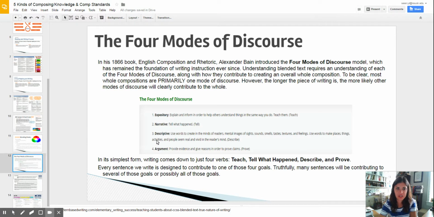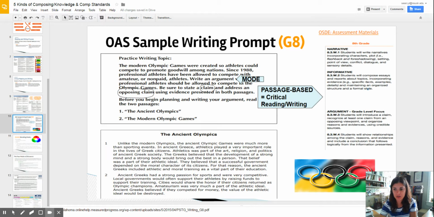Now, I do want to show you from the sample prompt that you did as your pre-assessment what this looks like in the classroom. Because I gave you a real-world artifact that comes from grade 8, and that is not to belittle anybody or to be condescending.